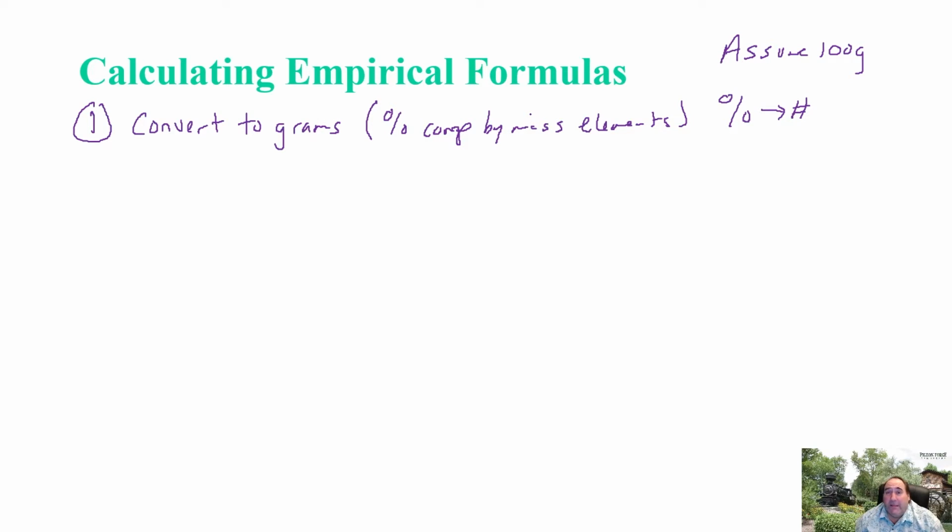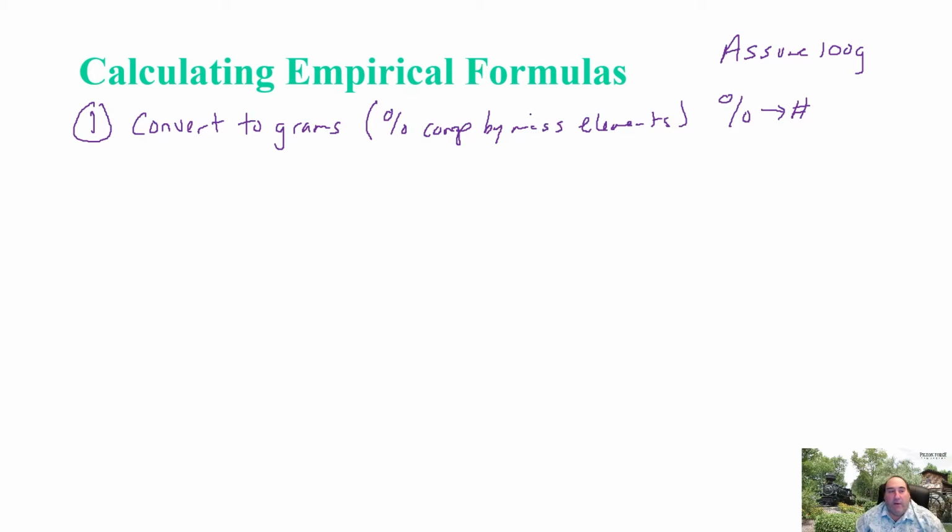You got 90% on the exam, you got 90 points out of 100. If you have 30% carbon, that means you have 30 grams out of 100. So a very easy way to convert percentages, especially percent composition by mass, into usable units is to assume that you have 100 of it. You could really assume as much as you want, but if you assume 100 grams, that keeps the numbers the same. So that's probably the easiest approach.